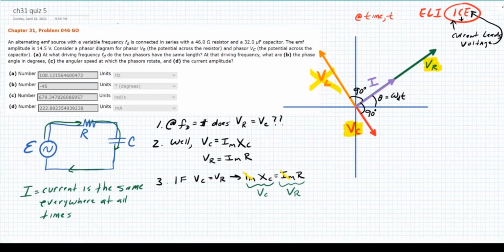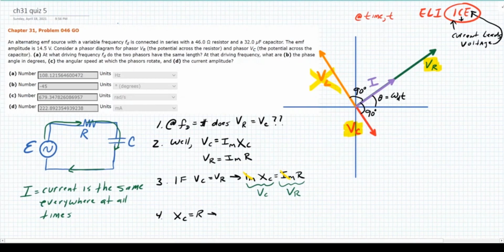Number 4 says X_C equals R then. If they're the same length, they have the same reactance value. The reactance of the capacitor is the same as the resistance of the resistor.